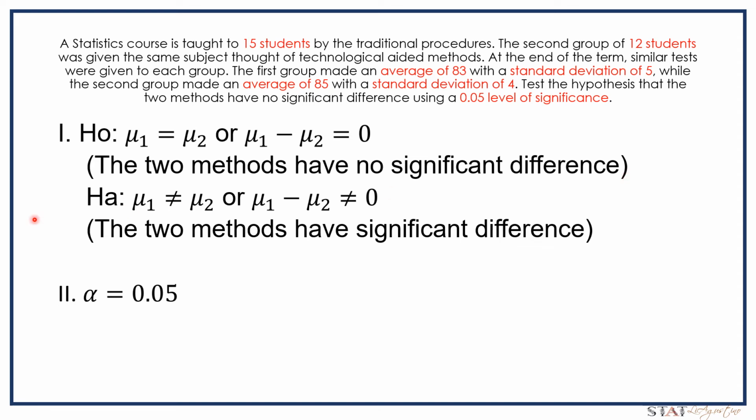Your alternative hypothesis will be stated this way in statistical form: mu1 is not equal to mu2 because they're different, or mu1 minus mu2 is not equal to 0.